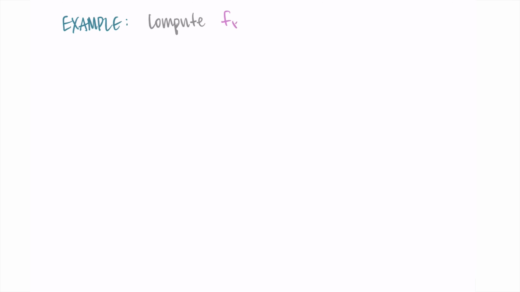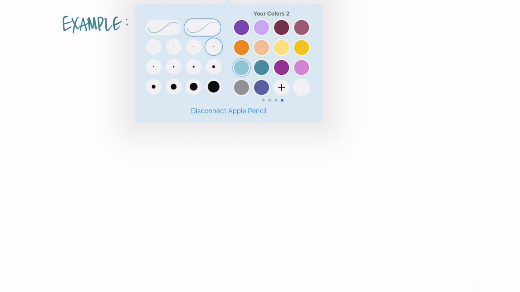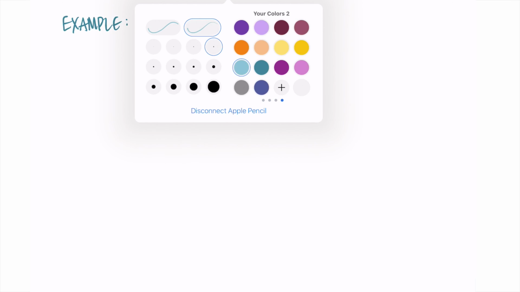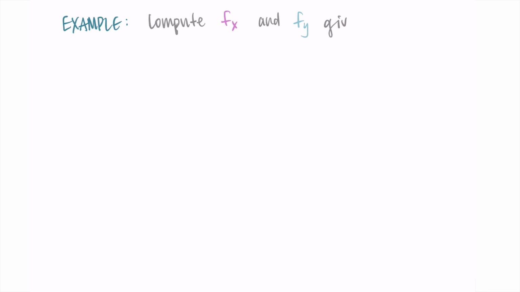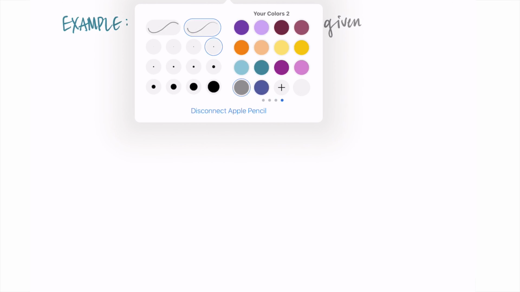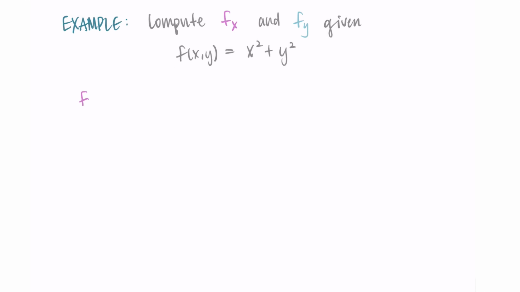So we're going to compute the partial derivative with respect to x and the partial derivative with respect to y given our function. And we're going to use the function f of x, y is equal to x squared plus y squared. All right. So let's do the partial derivative with respect to x first.